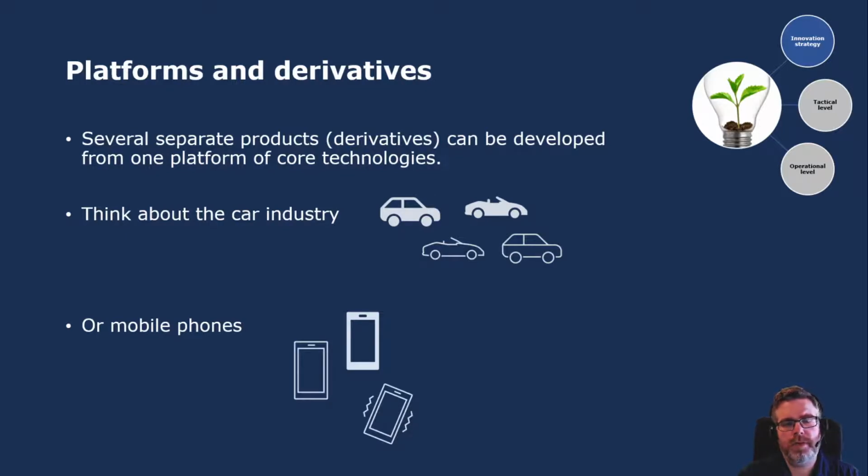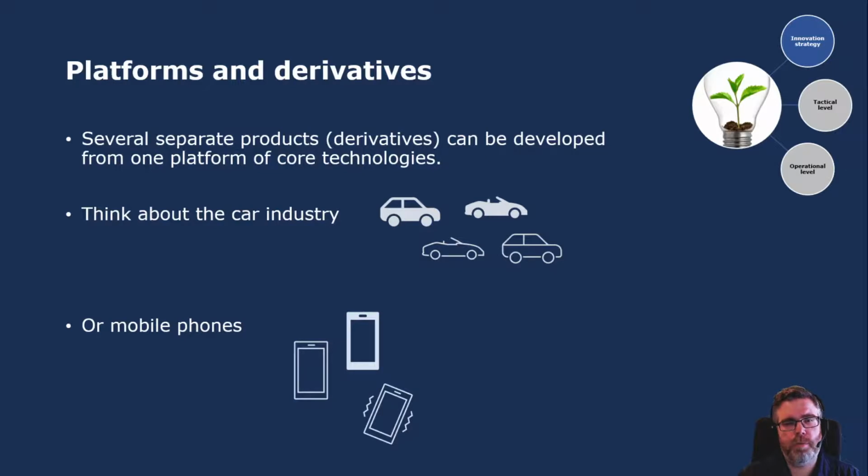Today, there's a lot of discussion about new platforms for electrical vehicles, for example, and these cannot be the same as platforms for cars with engines run by gasoline or diesel, for example. And from these platforms, you can develop several different kinds of vehicles from the same platform, and even different brands from the same platforms.